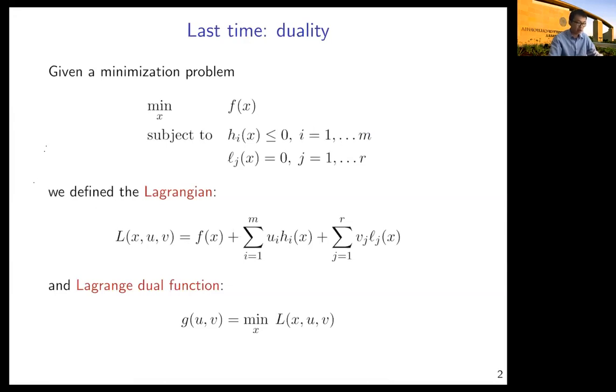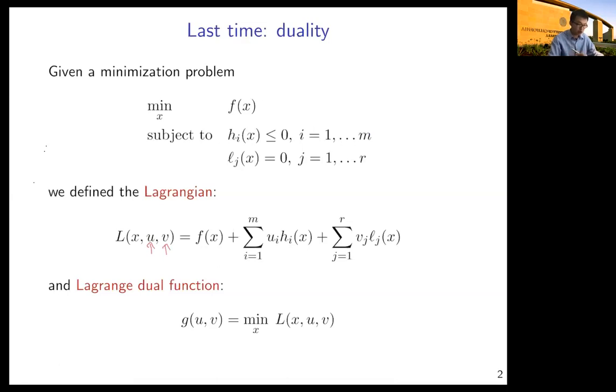To derive the dual of this optimization problem, we follow very mechanical steps. First, we define something called the Lagrangian by lifting the constraints up to the objective function with affine terms and introducing the variables u and v, called Lagrange multipliers.